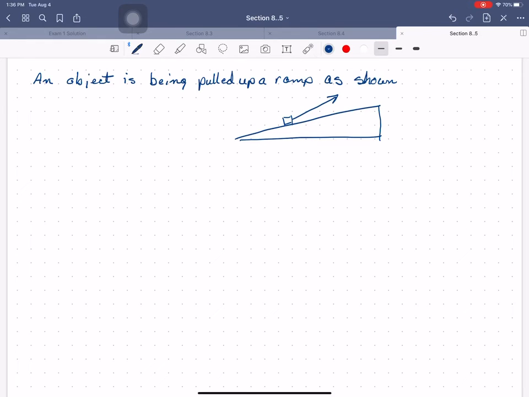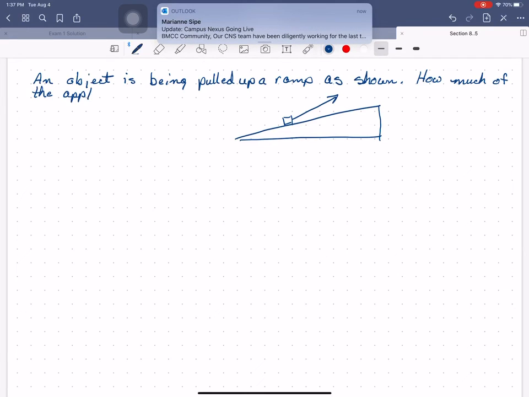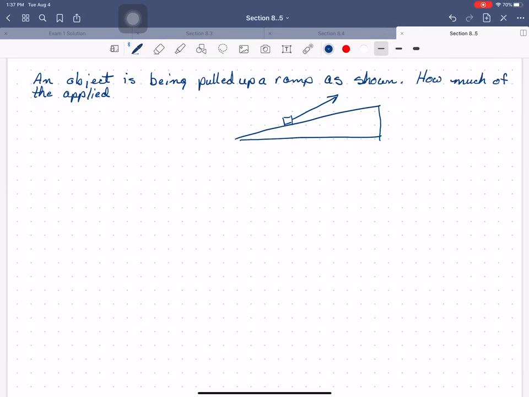So the question is, what portion, or how much of the applied force is actually going towards moving the object up the ramp.